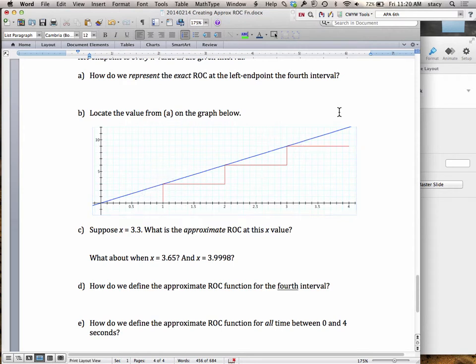We have not defined the approximate rate of change function yet, and that's what this last page is about. Do it carefully, and look on Blackboard for modifications to what's going to be on quiz 4, because we didn't get as far as I wanted to. It's your homework for the weekend.